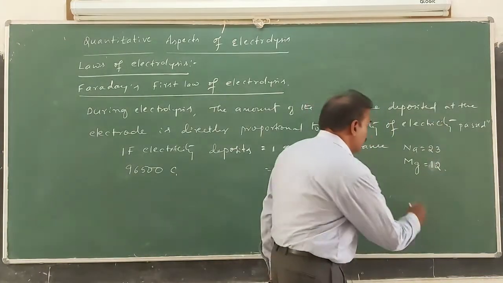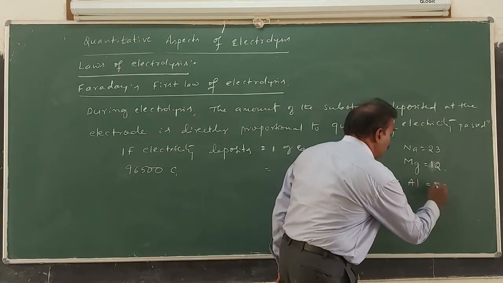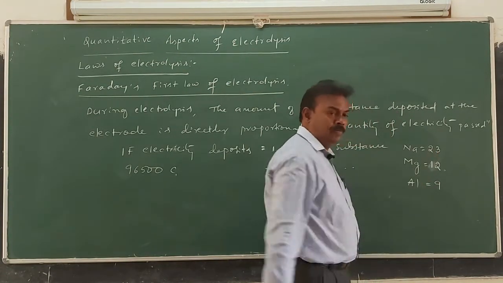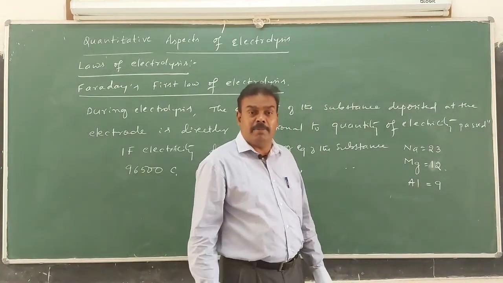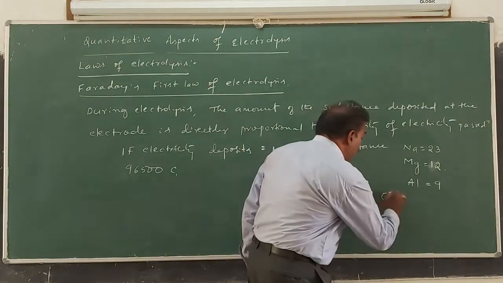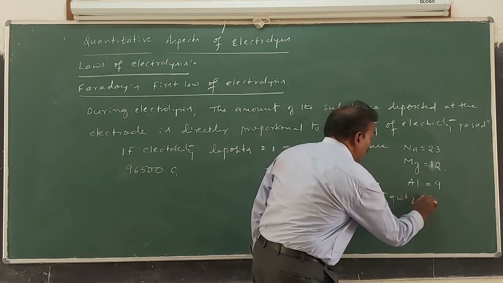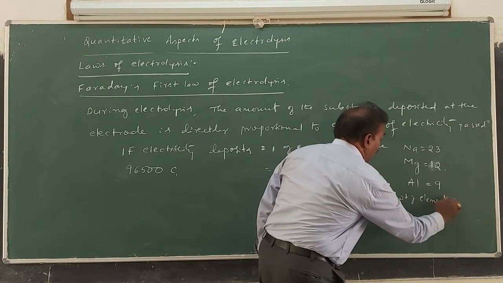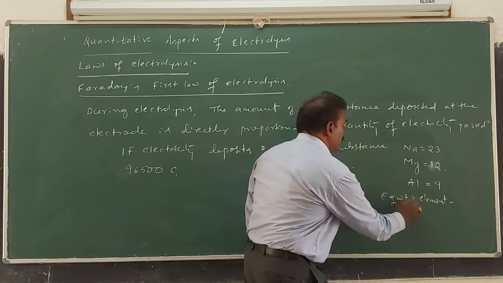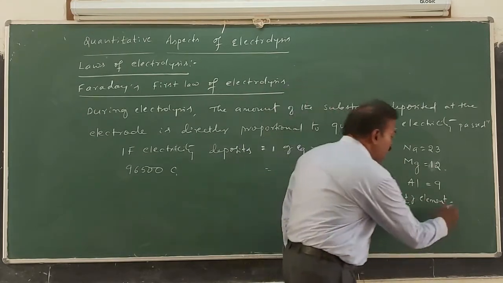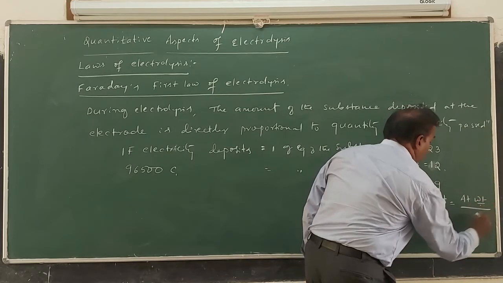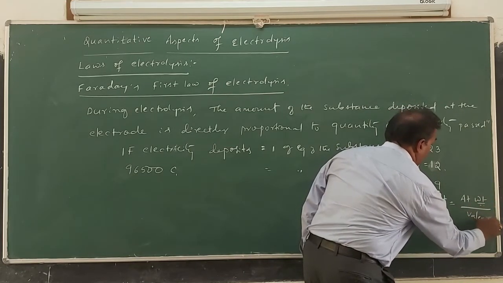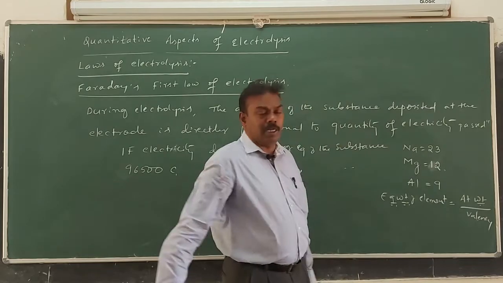Following all of you? Equivalent weight of aluminum, how much? It is 9 gram. There is one relation to calculate the equivalent mass of elements: equivalent weight of an element is equal to the atomic weight of the element divided by valency.